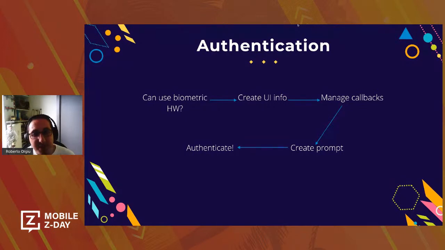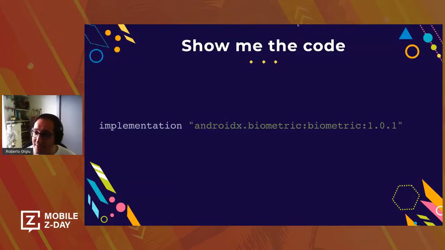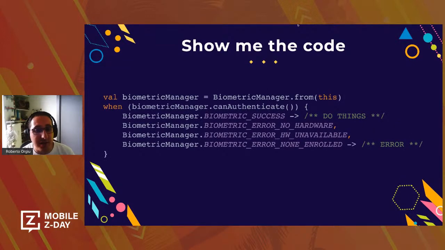Again, this is an external library, so we need some dependencies. This time, it is in a stable release. So, well, it's actually not one of the newest libraries in the AndroidX package. So, that's good. The first problem that we wanted to solve was if we can use the biometric hardware.